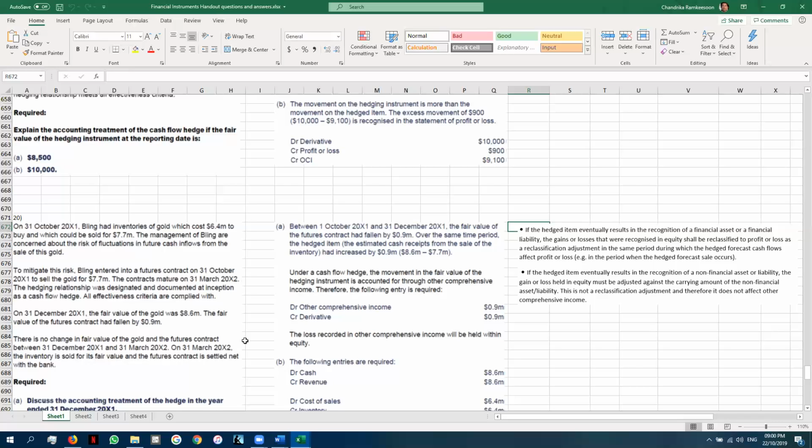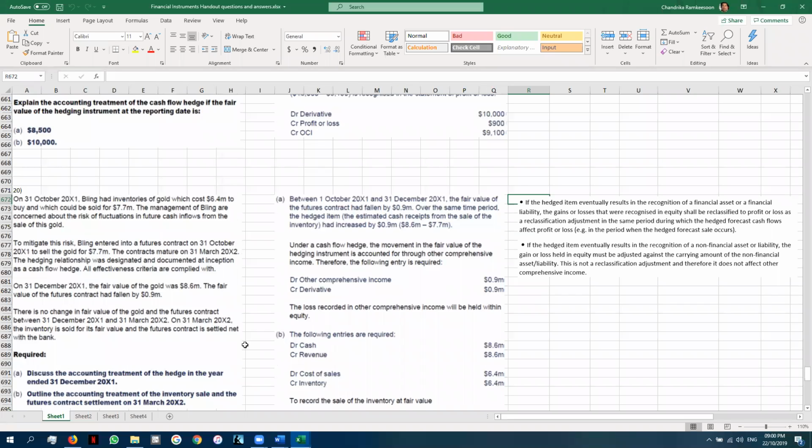There is no change in the fair value of the gold and futures contract between 31st December and 31st March, because 31st March is when they intend to actually transact. On 31st March X2, the inventory is sold for its fair value, and the futures contract is settled net with the bank.